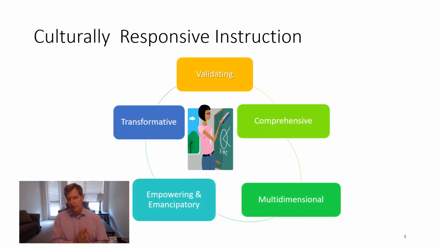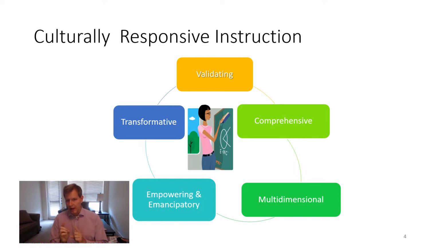So here are some important things that are involved in culturally responsive instruction that the literature on the topic broadly agrees upon. It validates the student as well as the student's background and culture as a strength and as something that is worthy as opposed to invalidating.